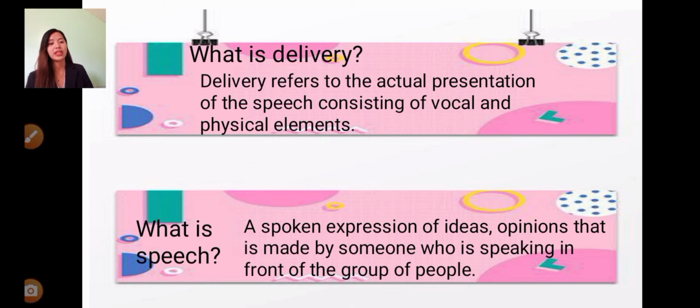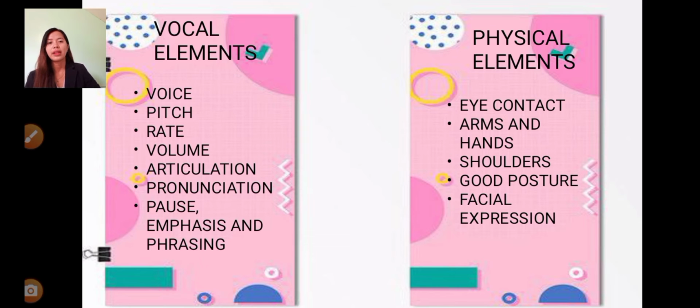Speech is a spoken expression of ideas and opinions that is made by someone who is speaking in front of a group of people. I know that you are all familiar with speech and speakers and how to deliver a speech.